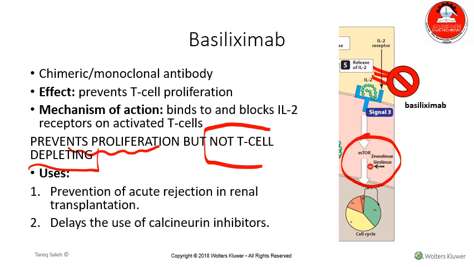It's an induction drug, especially in transplantation of kidneys. And if it is used properly, it's highly effective and can delay the use of maintenance therapy, such as calcineurin inhibitors. Okay, it was very strong from the beginning, and that will allow you to delay the use of calcineurin inhibitors.